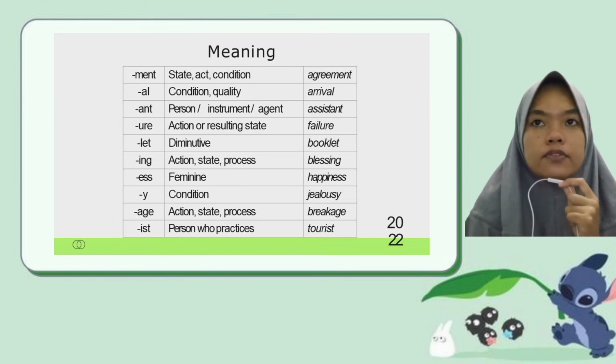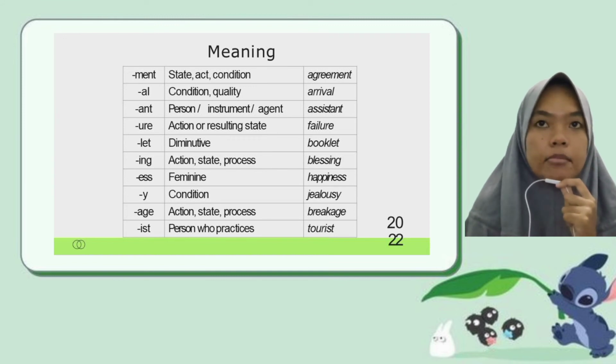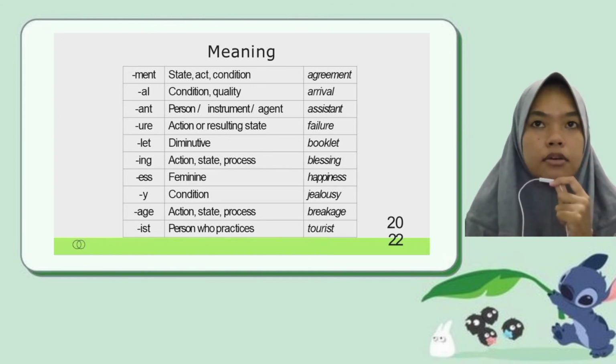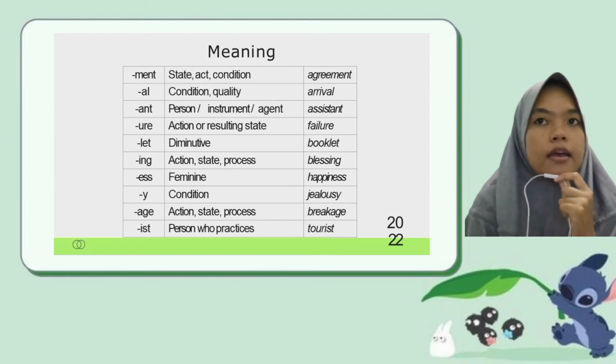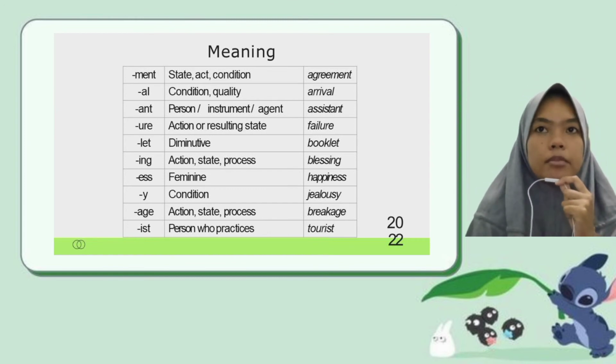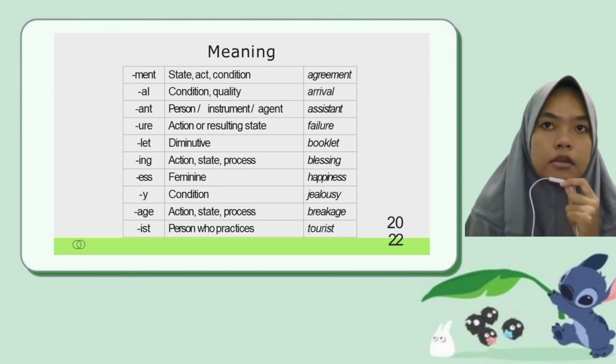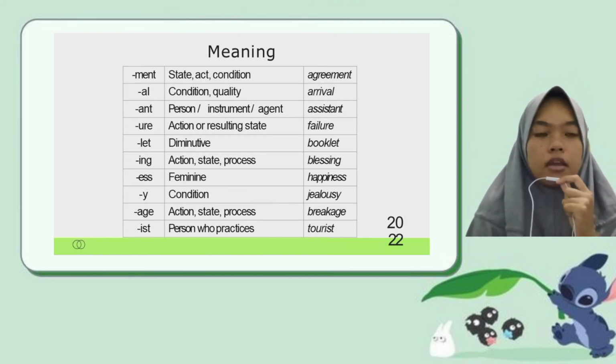The suffix -ment has the meaning state, act, and condition. For example, agreement. And the next suffix -al has the meaning condition and quality. For example, revival.